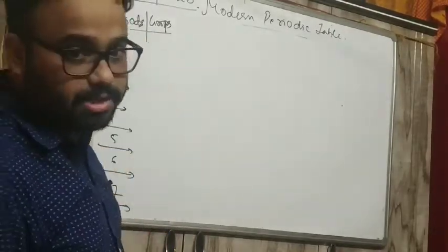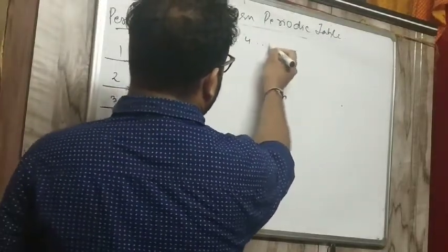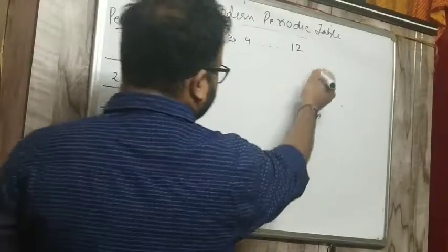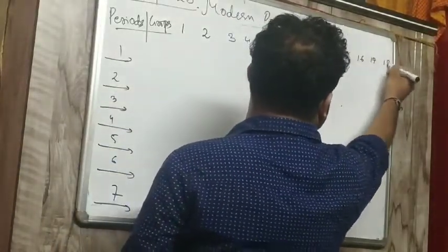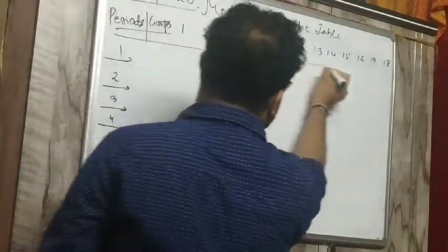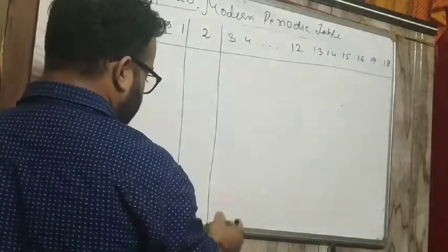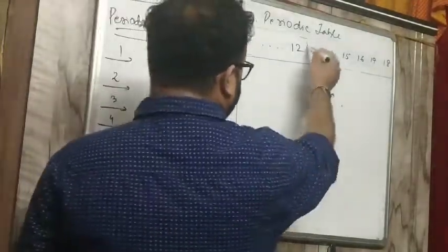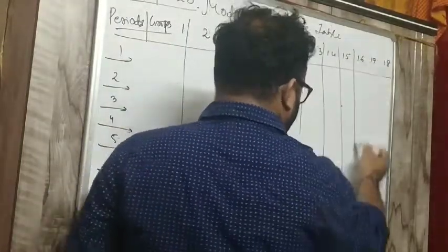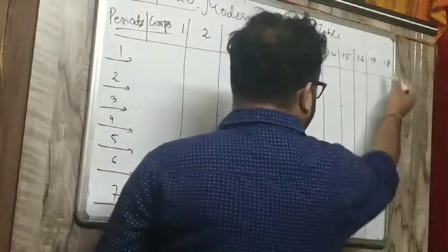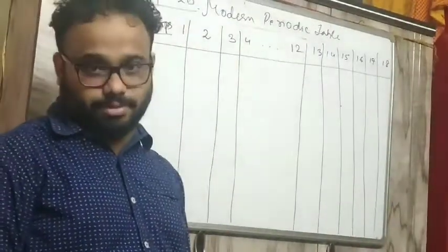Then the groups: 1, 2, 3, 4 till 12, then again 13, 14, 15, 16, 17, 18. So there are 18 groups and 7 periods. These groups have some speciality among themselves, which you need to know about the modern periodic table.